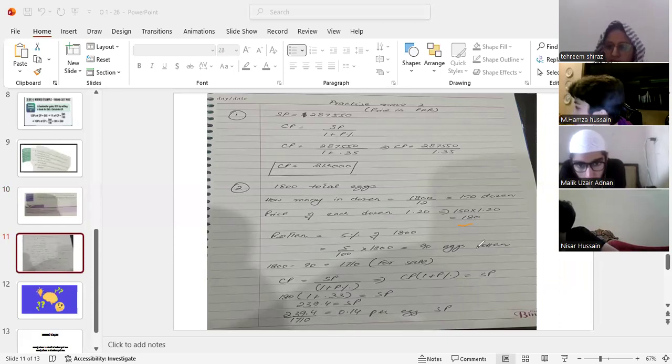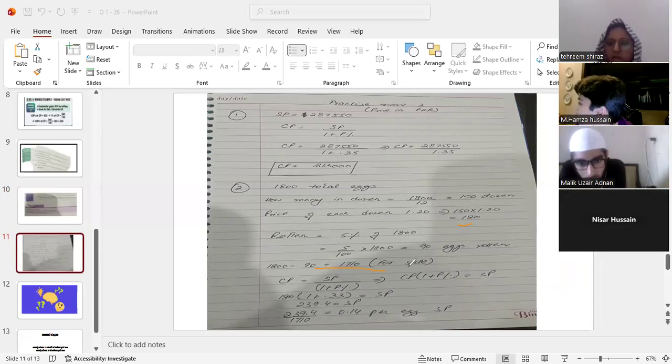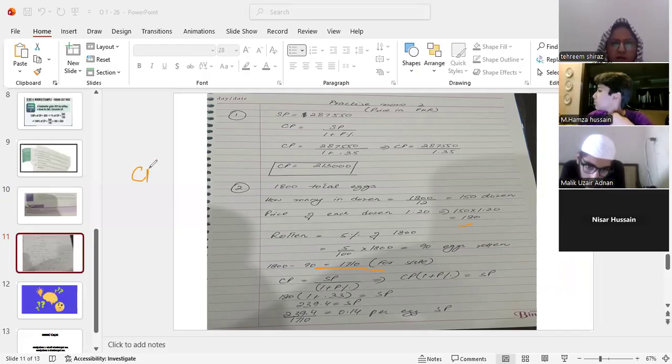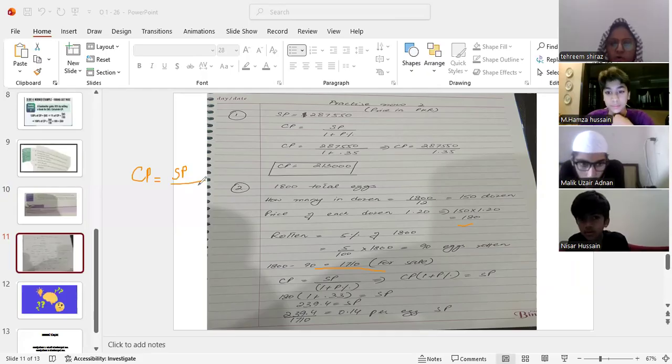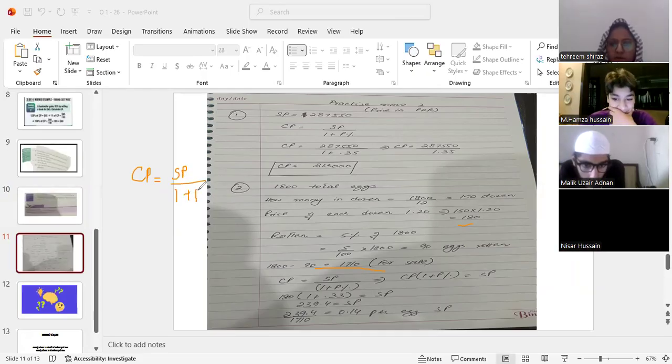This was clear. Okay, up till now we have done it. Now we need to calculate the sales price which he needs to earn the profit of 33%. See this, the formula to calculate the cost price was sales price over 1 plus profit percent.